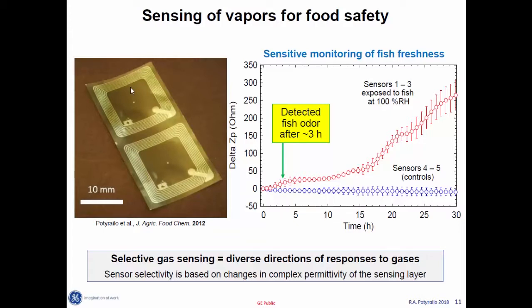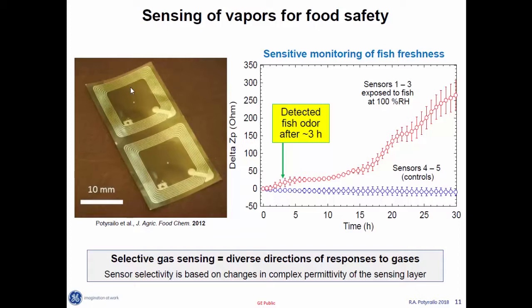So we can use these capabilities of sensors not only for selective detection, but also for very sensitive detection. Here we're showing that when we put polyaniline on our sensor tag, and you recognize the RFID tag, we detect changes in the sensor response in, I would say, less than 3 hours after exposure to volatiles from fish.